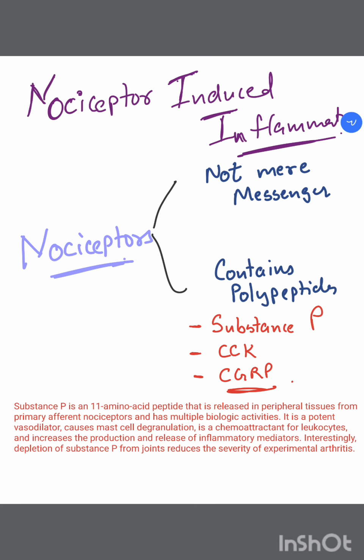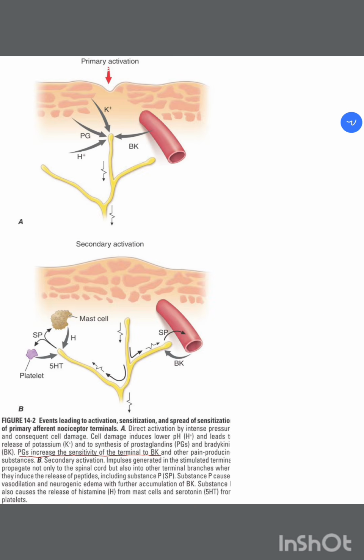We'll see in the image part that this is a normal skin, but when there is injury, primary activation, the cells die. There is release of potassium, lowering of pH, prostaglandins are released. This primary activation sends signal transduction, and this signal goes to the spinal cord. That much we know.